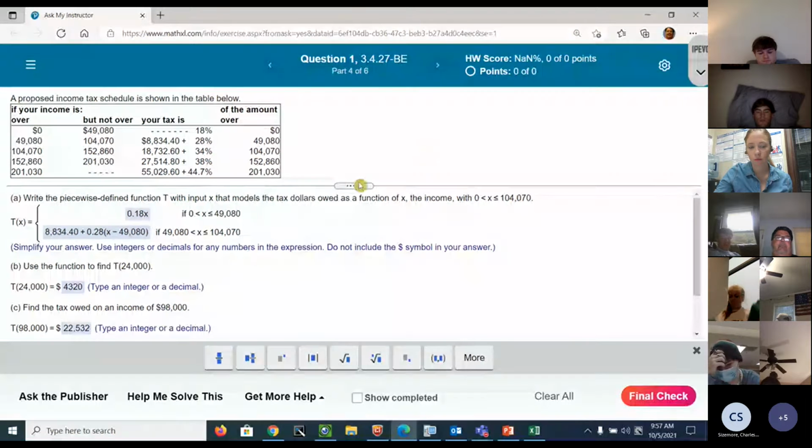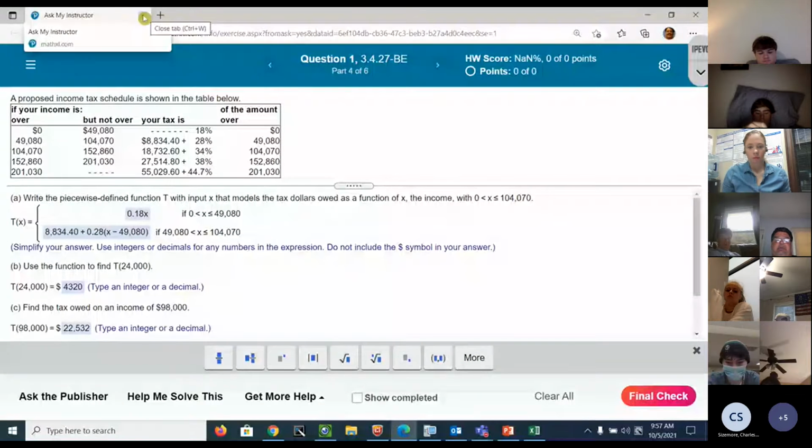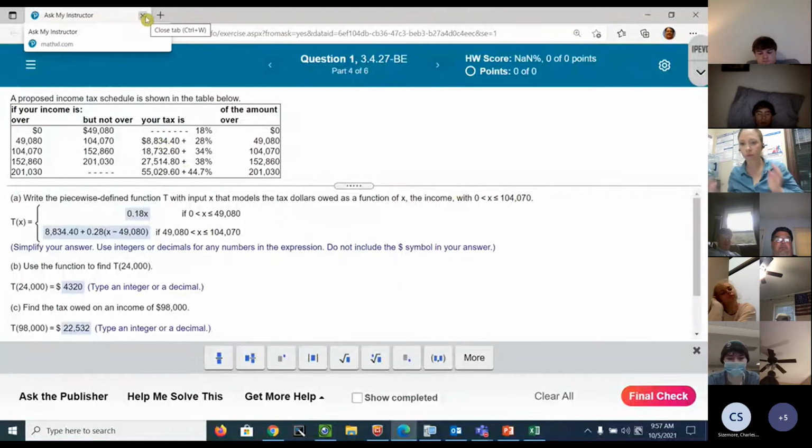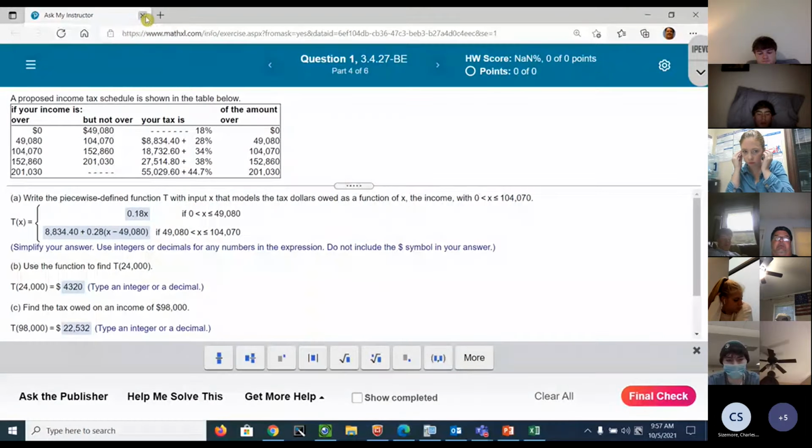I teach a whole section of income taxes in my 103 class, and this is not the way we teach it anyway. We don't add that. We do it by level. But we're not going to go through that. I got a headache and I don't feel like fussing anymore. Not a test question. Next question.